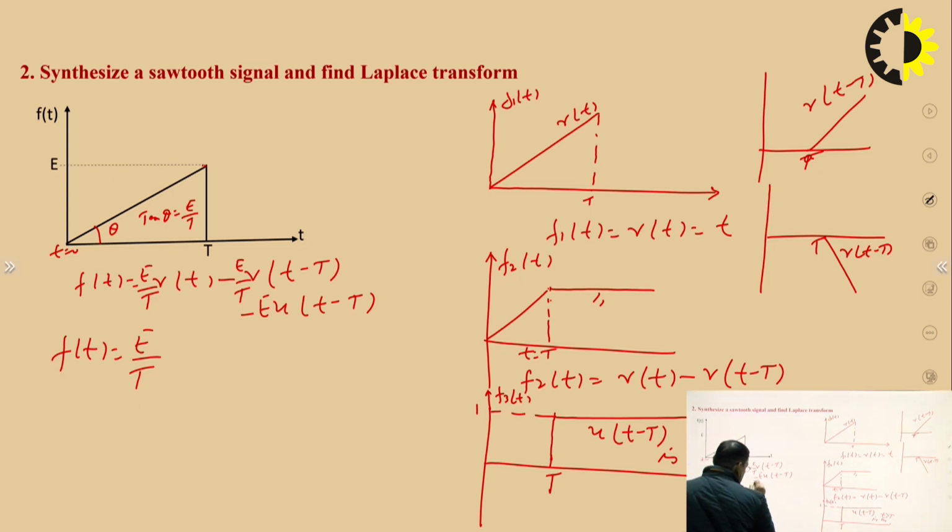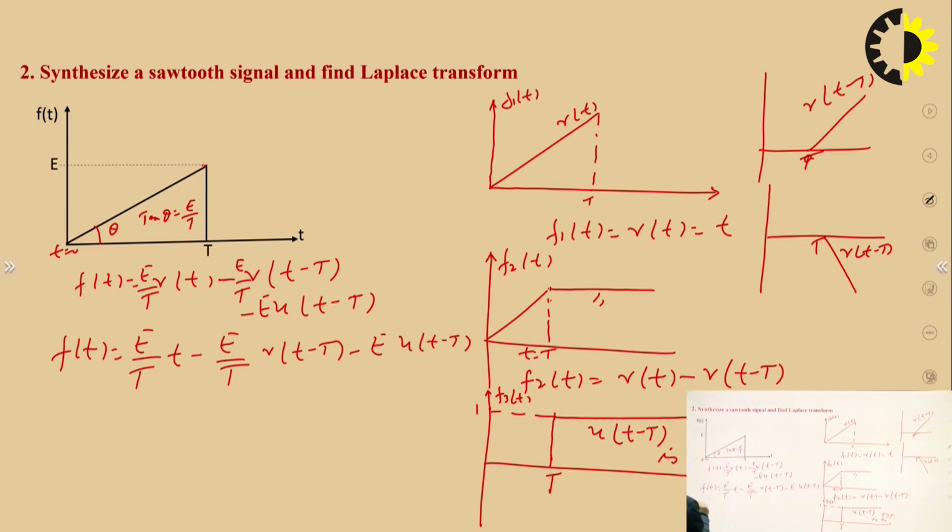We just deduct this portion, so we get this. Finally, f(t) is (E by T) r(t) minus (E by T) r(t minus T) minus E u(t minus T).